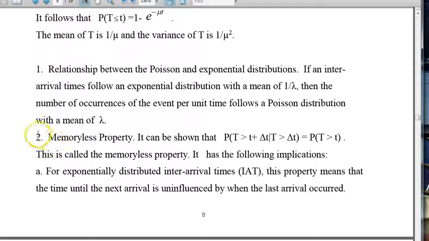The other thing is, as you probably know from your probability class, the exponential distribution has the memoryless property, which means that given that a customer has received this much time, the probability of receiving an additional t units of time before leaving is the same as a new customer just starting and leaving after t units of time.